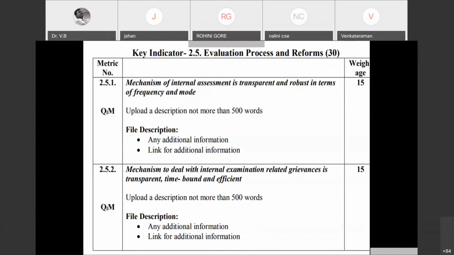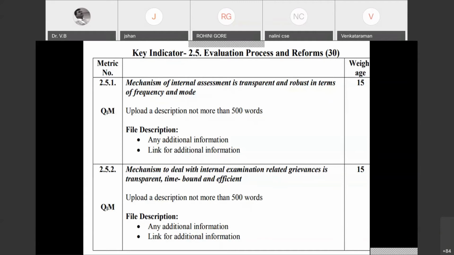When they say transparency, what they ask is, for internal assessment, if you are awarding marks based on assignments, whether all the students are aware of the marks that have been allotted, so that there is no controversy saying, I also submitted the assignment, I got only 7 marks, whereas another person who gave a poorer assignment than me got 9 marks. That controversy should not be there, which can be avoided only if there is transparency. So that is what they are asking. It is a qualitative metric.